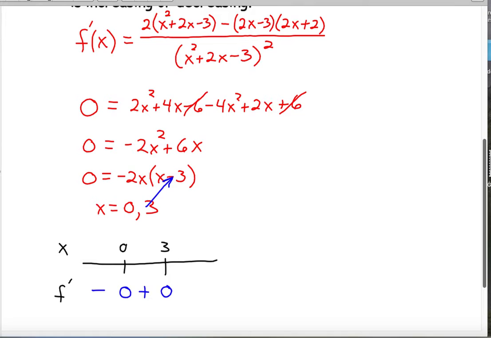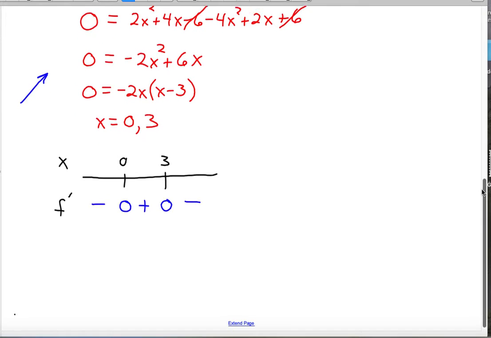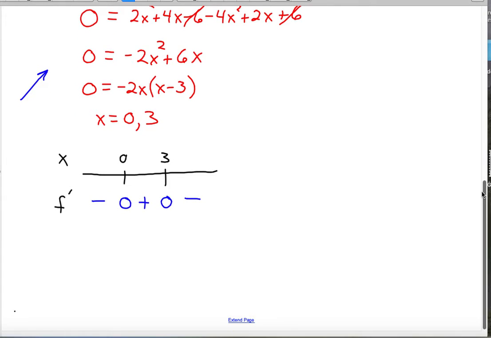Negative times a positive is a negative. And remember, we're dividing by a positive, so that still makes it negative overall. All right, so this is telling me that f is decreasing. Here it's increasing. And here it's decreasing.